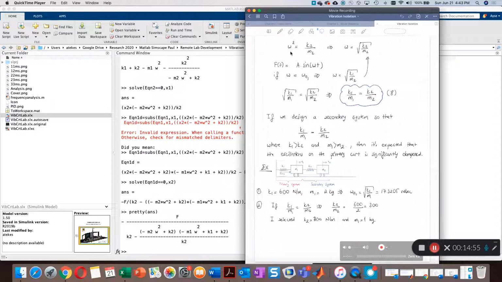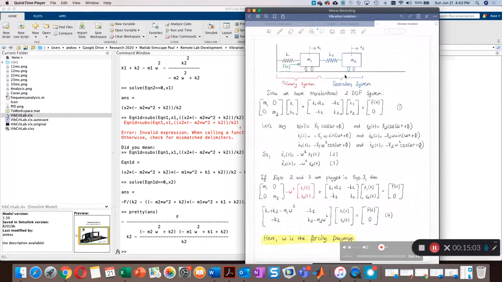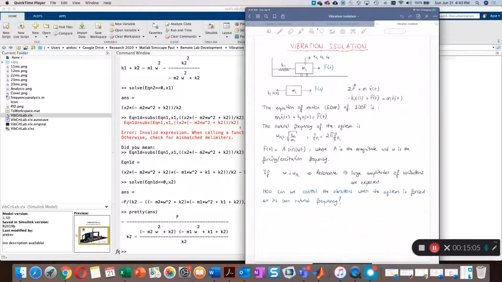Continuing from here, if omega squared is equal to k2 over m2, then omega, remember what our omega was? If you remember from our first slide, we want to excite this system with f(t) so that this forcing frequency becomes the natural frequency of the first system.